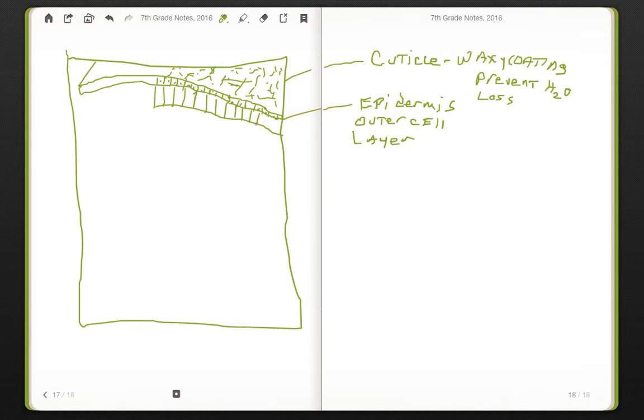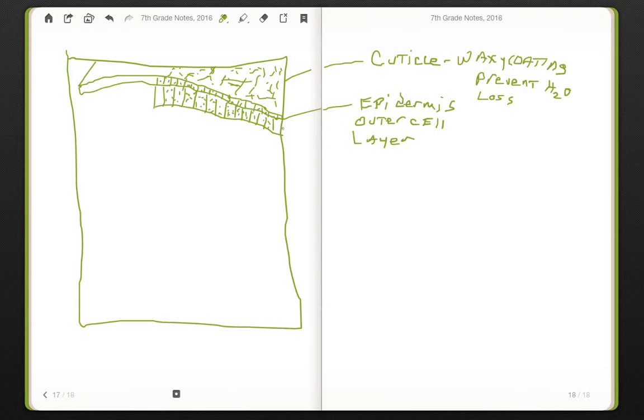And these tall rectangular cells, their main identifying characteristic is that they have a lot of chloroplasts. Inside of them there's tons and tons of chloroplasts.